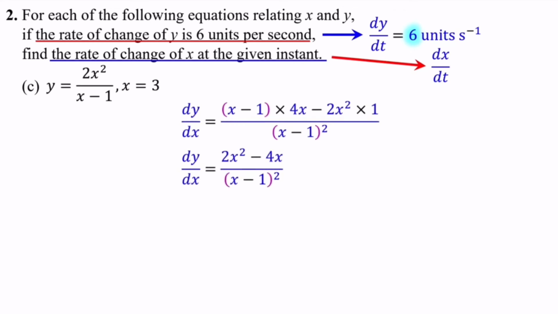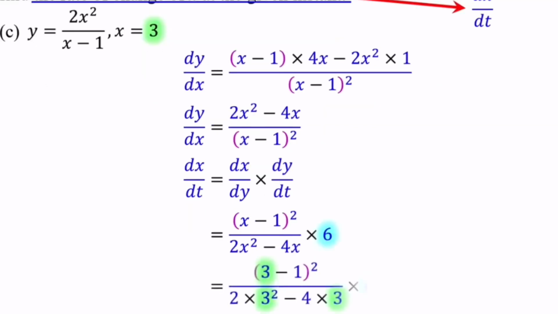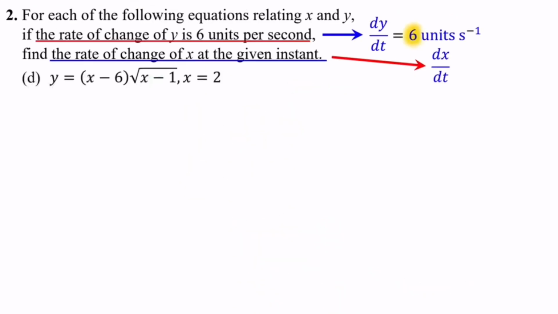Then we write dx/dt equal to dx/dy times dy/dt, and we substitute all the values inside there to get the answer. When x equal to 3, we substitute into the dy/dx. So we have to invert the dy/dx to get the dx/dy. So we will substitute x equal to 3 into dx/dy and multiply with the answer.